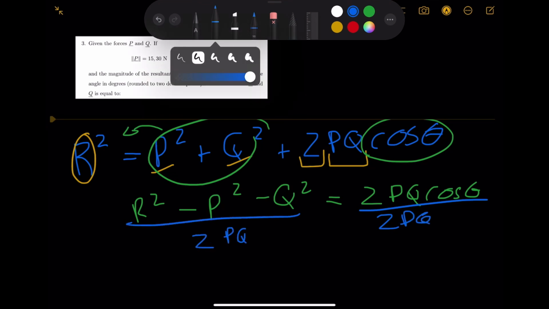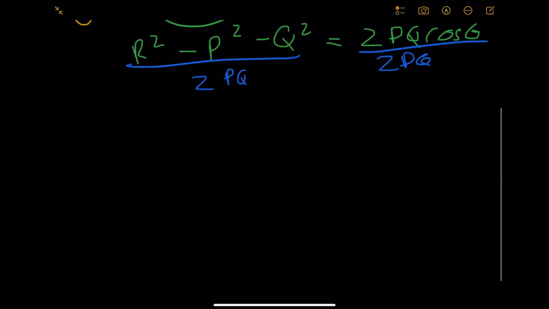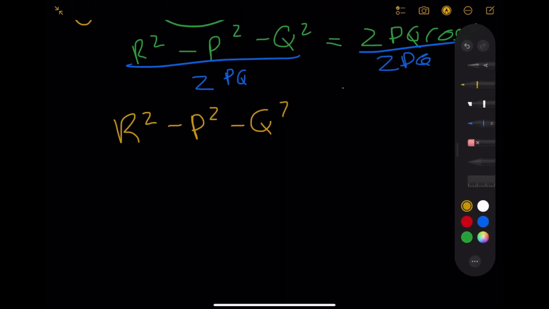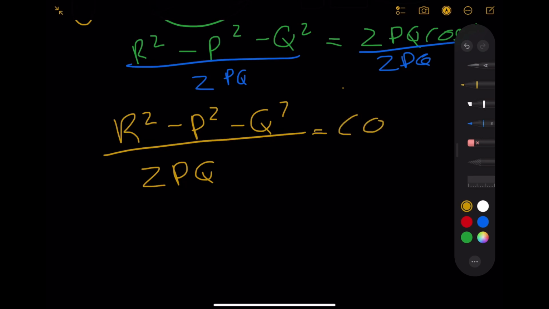And so we'd end up with R square minus P square minus Q square all divided by 2PQ is equal to cos theta, right?